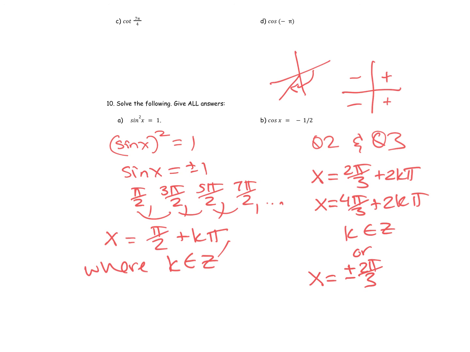So I could say plus or minus 2 pi over 3 plus 2k pi. Again, it's fine if you want to do two separate statements, but I think it's helpful to recognize that you can write that in one statement, just plus or minus 2 pi over 3 plus 2k pi. Okay, so I think we're going to stop there.